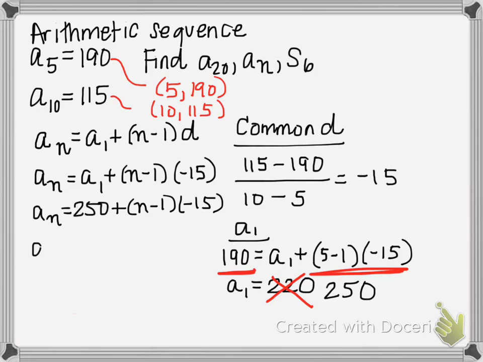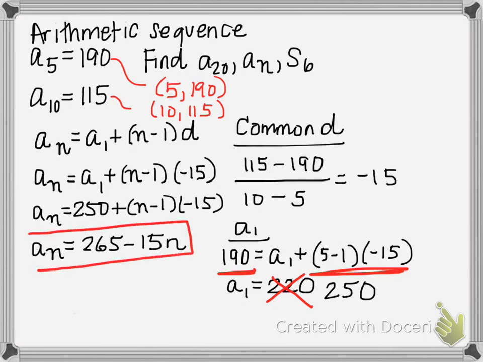All right, and that will give us our new a sub n, which will be 250 plus 15, so that's 265, and then minus 15n. So that should be all right now. And then a sub 10 is going to be 265 minus 150, which will give us 115.